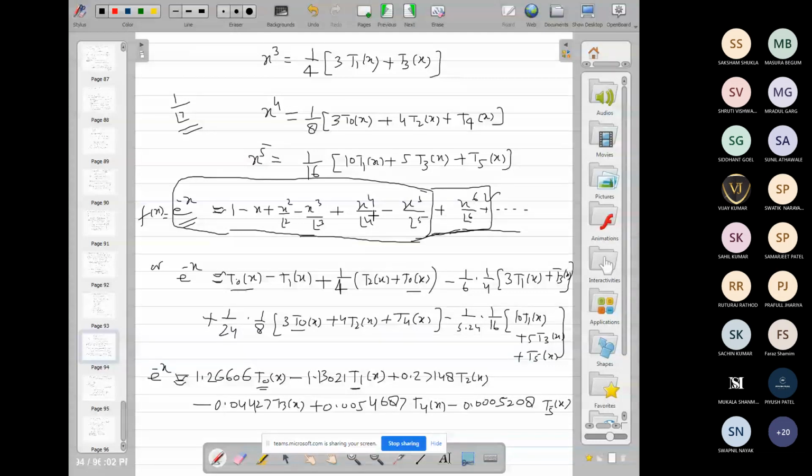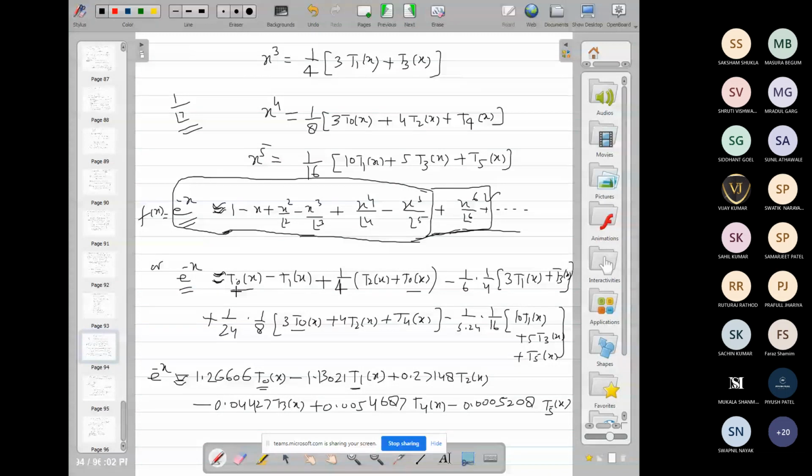It is a big expression, and computationally it requires more calculation. So this is the advantage of approximation of a function. This is useful in development of many software.